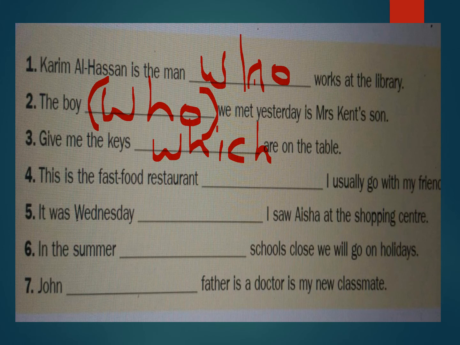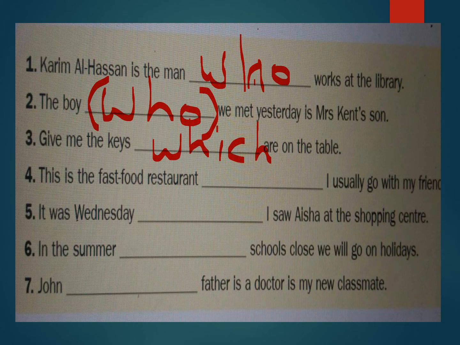Okay, number four. This is the fast food restaurant, space, I usually go. And is this a person, an animal, or a thing, or a place, or a time? Think of the relative pronoun. I want new faces. Yes, Khalid? This is the fast food restaurant that I usually go with my friends. I'm so sorry.